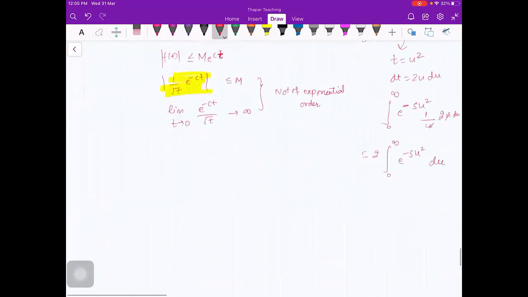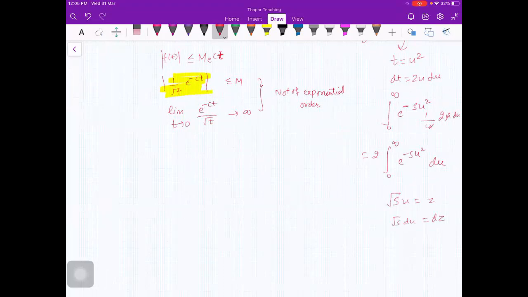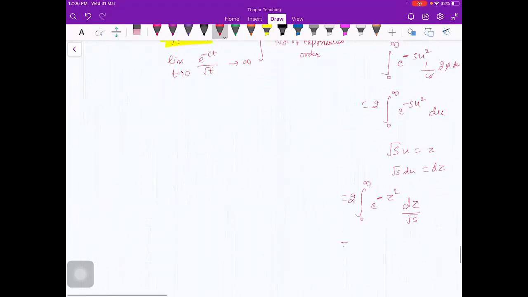Now you can again make a substitution. You put root s times u equal to another variable, say z. So you have root s du is equal to dz. Your integral becomes the integral from 0 to infinity of e raised to the power minus z square dz by root s. So this is 2 by root s times the integral from 0 to infinity of e raised to the power minus z square dz.